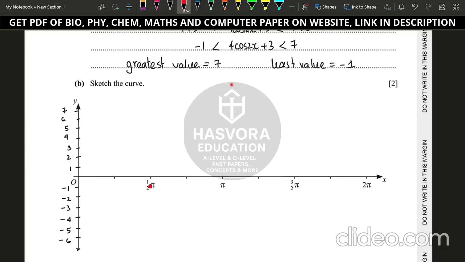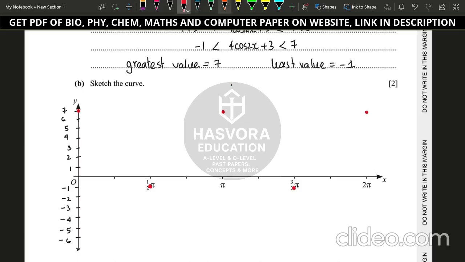And at 0, cos 0 is 1, but here we have the greatest value, which is 7, because we have 4 cos 2x, so cos 2x becomes 1, and 4 plus 3 is 7. So at 0 it is going to become 7, and then it is going to repeat at pi, and then again here, and again at this point.